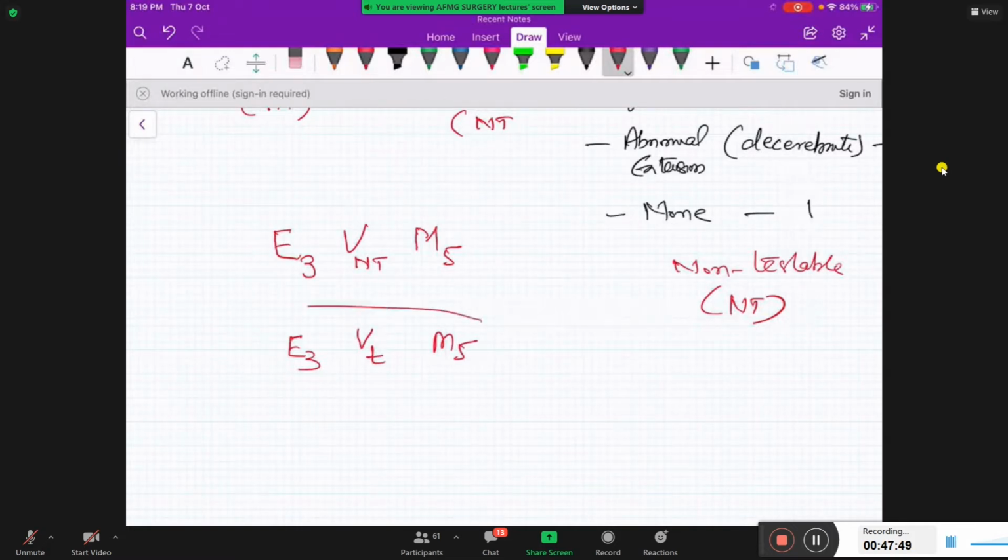And to calculate the total GCS of this patient, what were we doing? 3 plus 5. We were taking 1 arbitrarily for the verbal response and writing T as a suffix. So total GCS of this patient will be 9T. So what does this 9T mean?